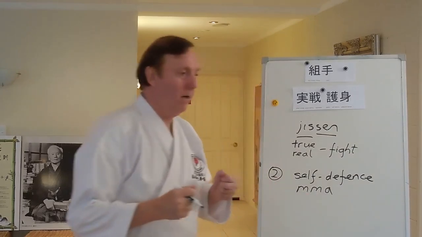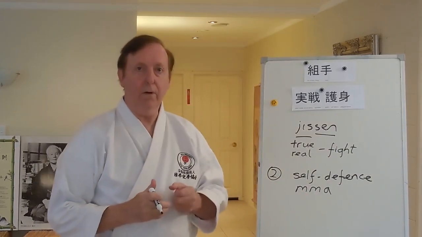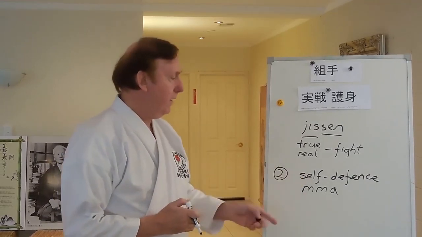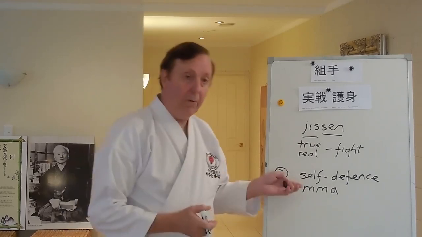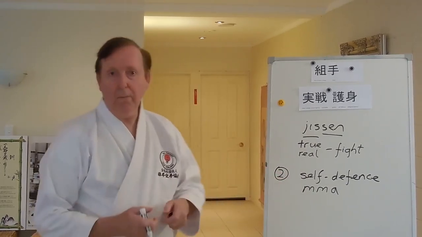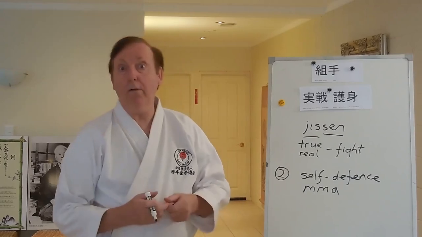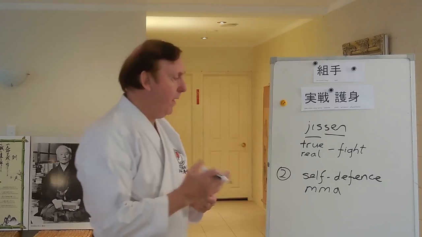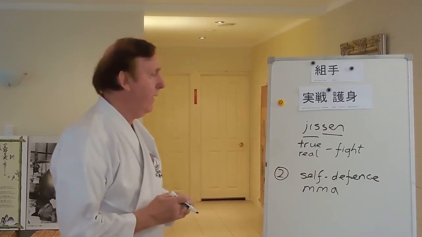So this is a real battle in the real world, outside your door for another reason, not in the dojo. Could be self-defense, could be because you're competing in MMA. Hey, could be because you're a door worker, a bouncer, a soldier, a policeman. There could be many other reasons why you're doing self-defense.